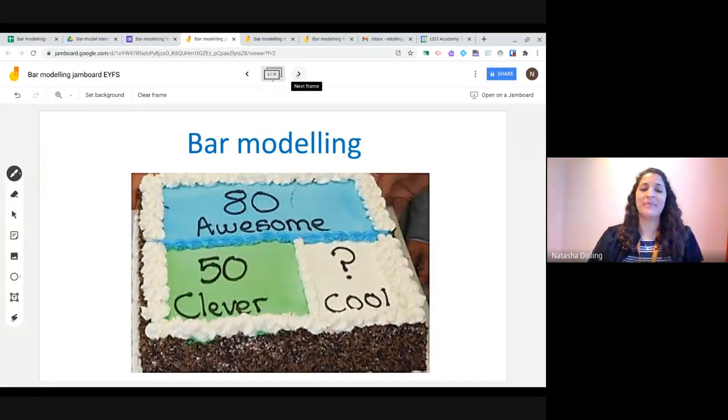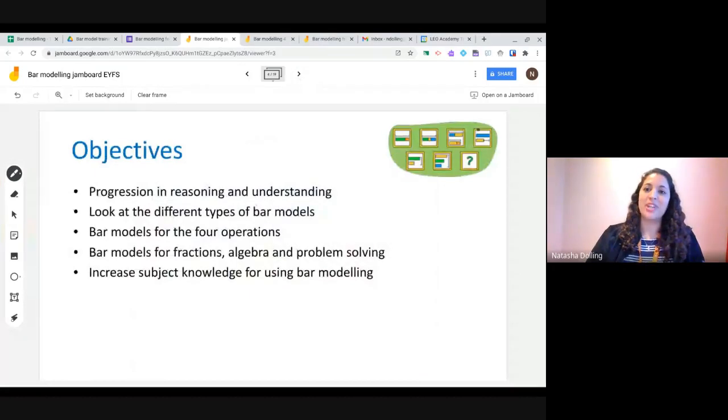So bar modeling. I'm just going to take you through the objectives of this session. I'm really hoping we have enough time to get through it all. In this session, I would like to increase your understanding of the progression in reasoning and understanding of using bar models. I would like us to look at the different types of bar models. We're going to look at the bar models for the 4 operations.